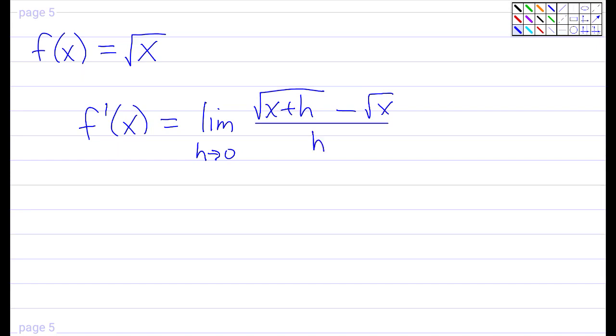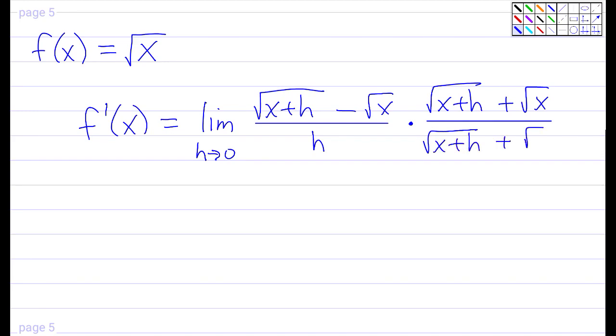We've seen this kind of issue before with a limit where I have a square root minus a square root. How do we deal with that? We multiply by what we call the conjugate, which is the same thing in the numerator, just with a plus sign. Now I have to multiply by the same thing in the denominator, so that really I'm just multiplying the whole thing by 1, which doesn't actually change anything.